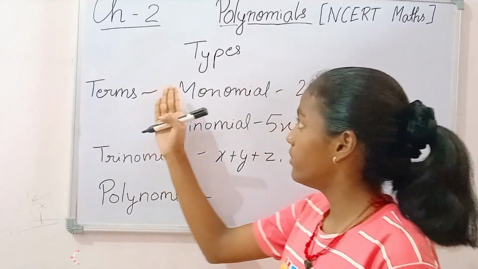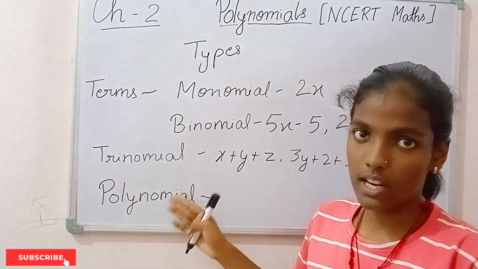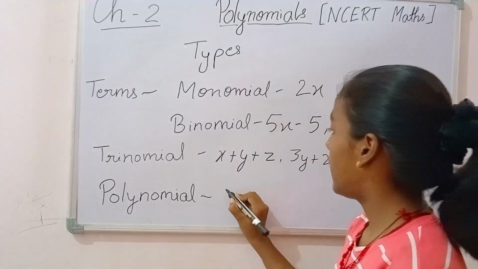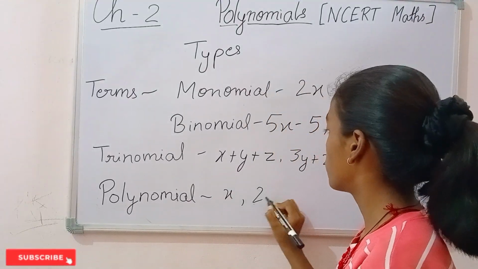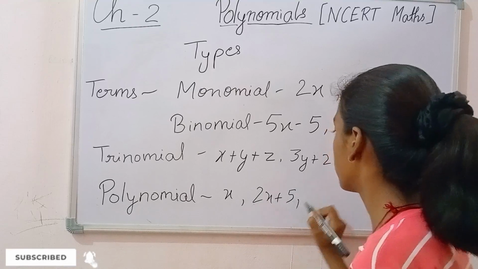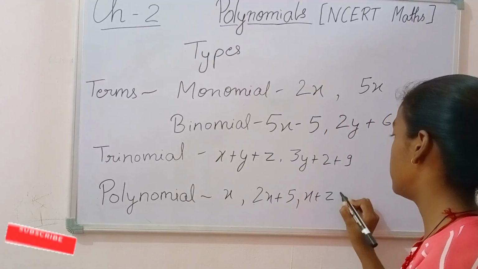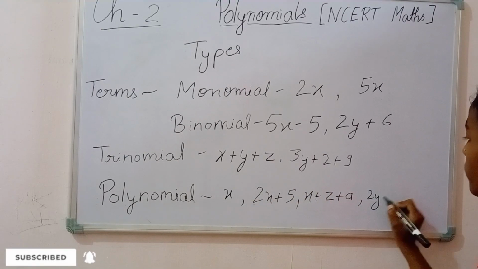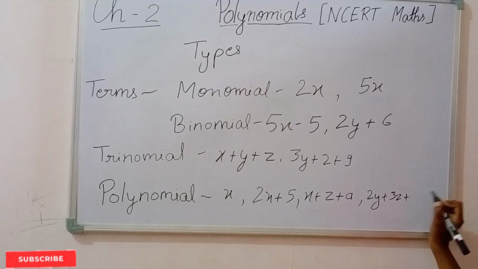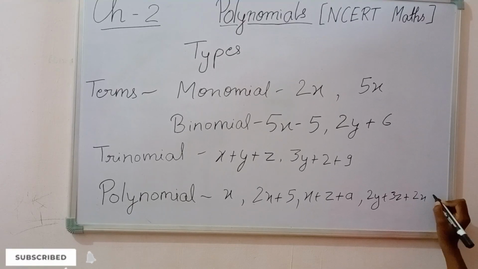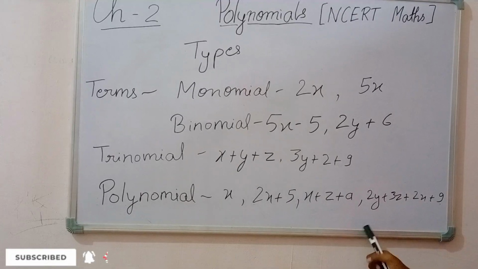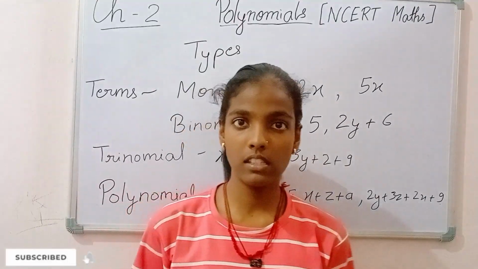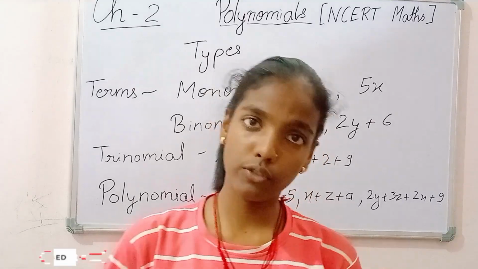So monomial, binomial and trinomial are all considered as polynomial. That could be x, 2x plus 5, x plus z plus a, or 2y plus 3x, 3z plus 2x plus 9. These are examples of polynomial. I hope you have understood types on the basis of terms. Now let's move to our next topic.